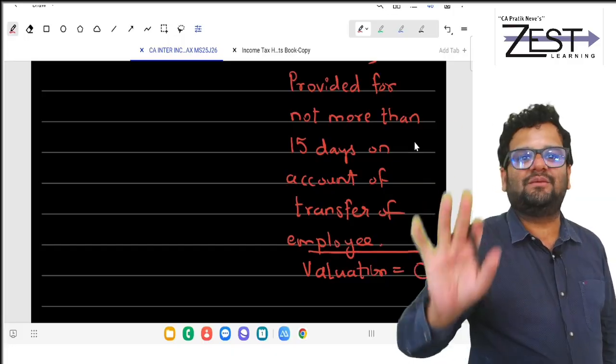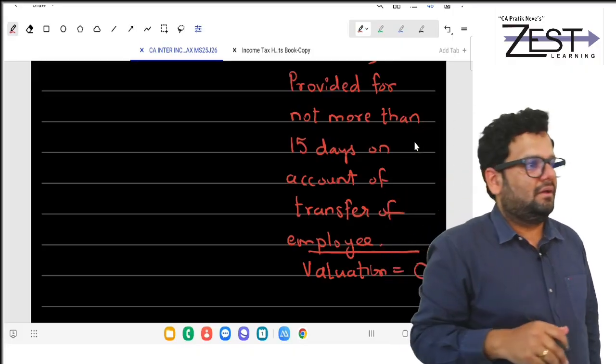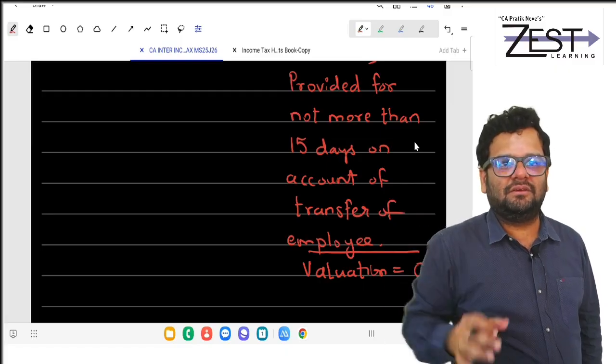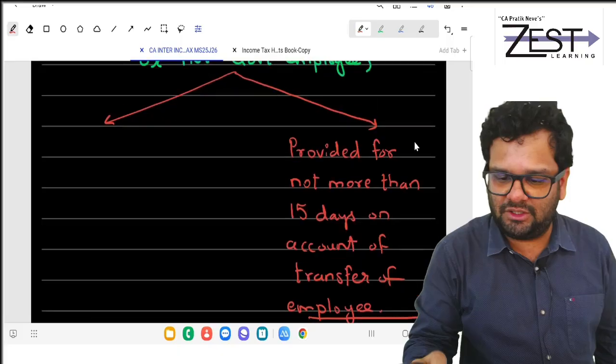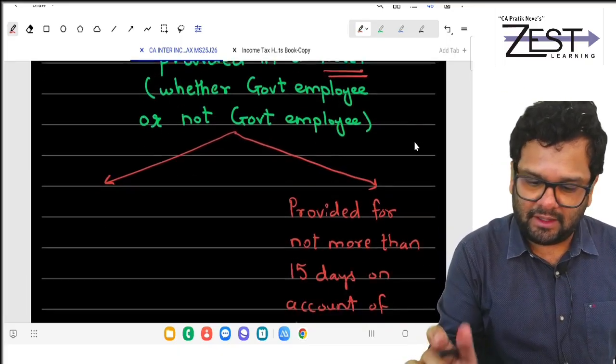15 days is understandable, because genuinely he is finding his own accommodation in that city, so he is given some type of accommodation in a hotel. Any other case?